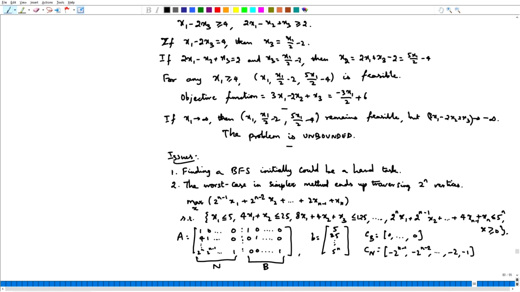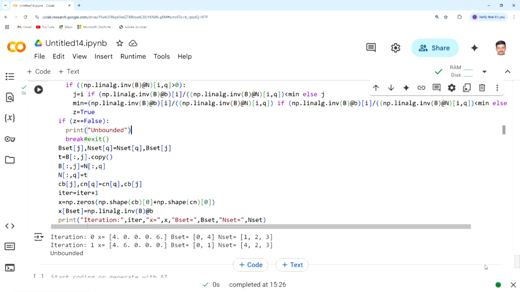The N set is 0 to n minus 1, and the B set is n to 2n minus 1. So this is basically the variables we need. Let us write that down.